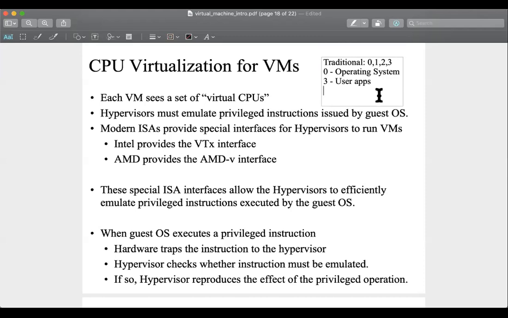One of the models we could have is, since there are 4 privilege levels and levels 1 and 2 are traditionally unused, you could have the hypervisor in level 0, the OS in level 1 or 2, and user level applications in level 3.